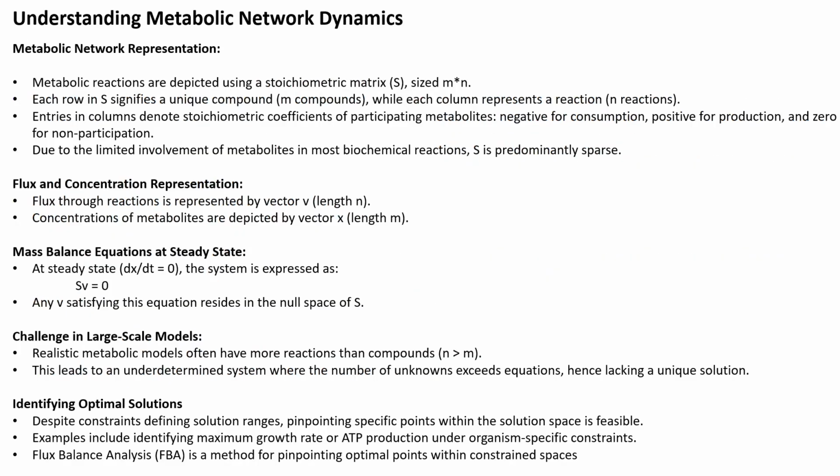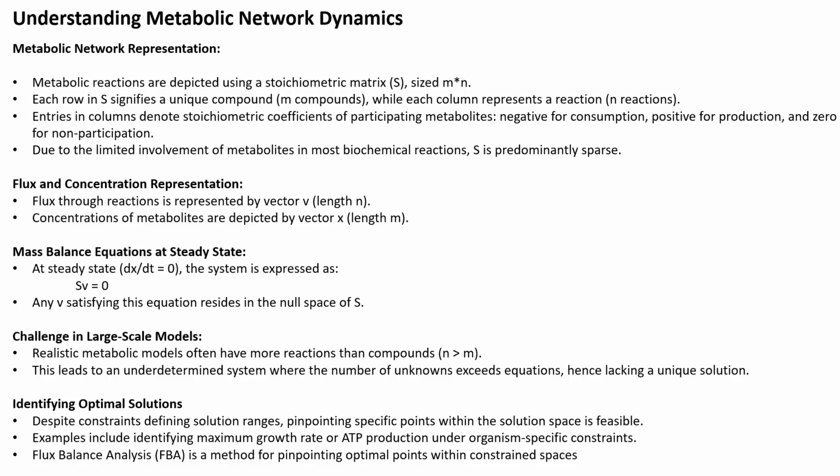Okay. Next, we come to the understanding of metabolic network dynamics. So first is the representation. Metabolic reactions are depicted using the stoichiometric matrix that we just discussed, sized n cross n. Each row signifies unique compounds or metabolites, and each column represents each of the reactions in the metabolic network.